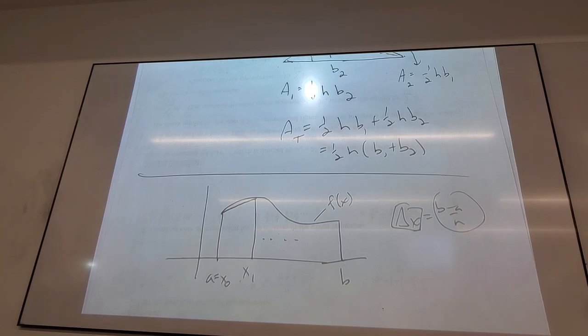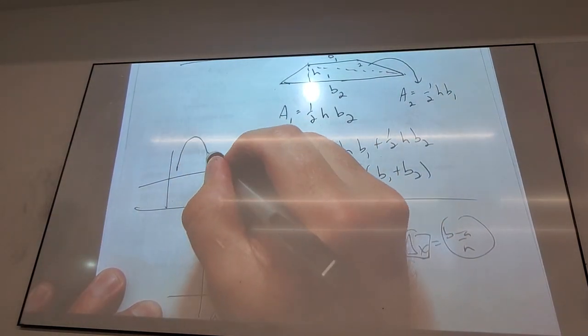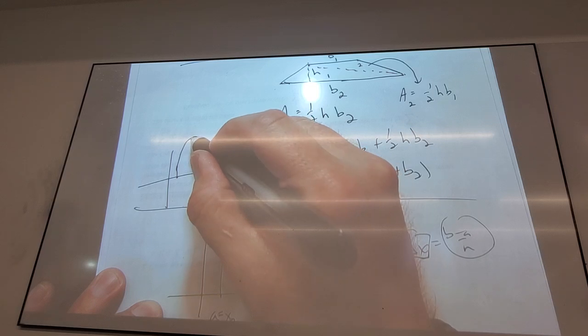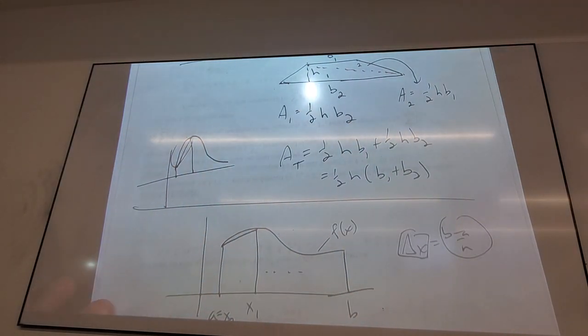Real quick, don't draw this, but if I had a curve that was more extreme, and I break this up, then a trapezoid actually leaves a decent little chunk. So it all depends on how extreme the curve is, but we're going to analyze the amount of error I can expect for each method and which one seems to be the best.